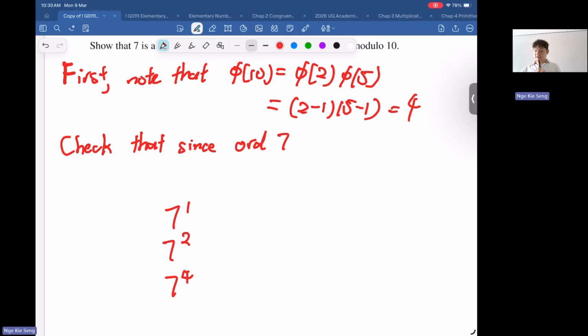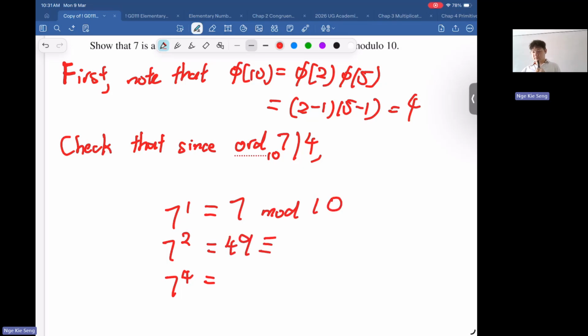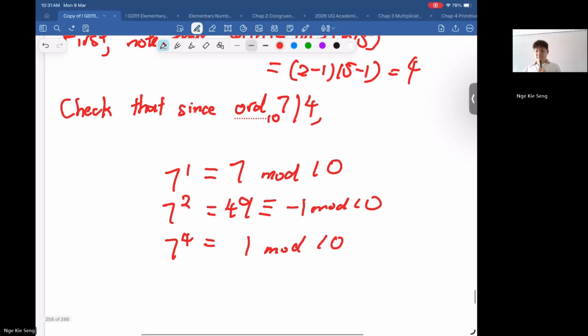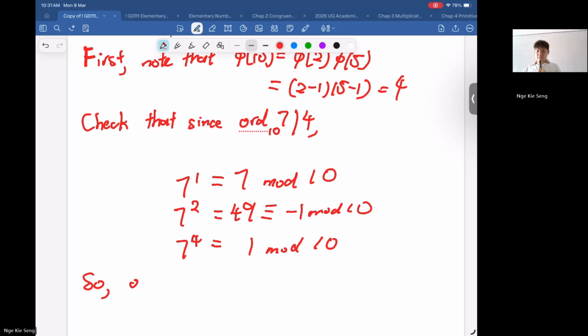So 7 to the 1 is 7 mod 10. 7 to the 2 is 49, which is minus 1 mod 10. And then 7 to the 4 is 1 mod 10. So the order of 7 is 4, and 7 is a primitive root of 10.